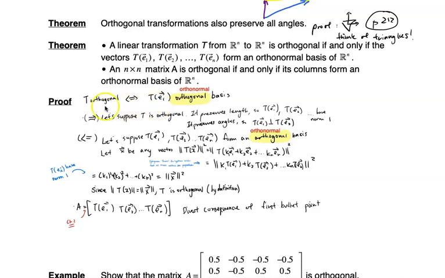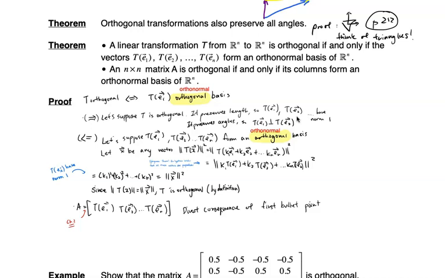So first, let's go from A to B. Here, we assume that T is orthogonal. What does it mean? It means that it preserves the length of vectors. Now, e1, e2, e3, en are the standard basis, so they all have norm 1, and therefore T of e1, T of e2, T of e3, T of en also have norm 1.